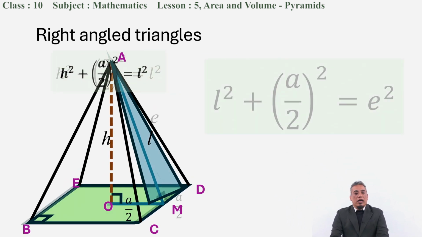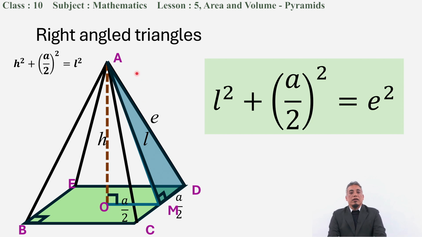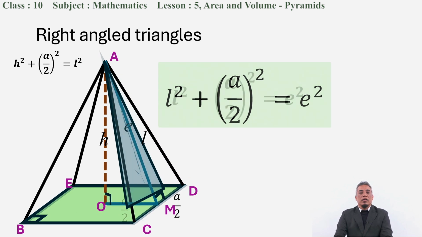Okay. And next is also right angle triangle there, AMD. So it has length of base MD as A by 2. This perpendicular AM is of length L, and AD as hypotenuse, because it is opposite to 90 degree. It is hypotenuse E. So Pythagorean relation is L square plus A by 2 whole square equals to E square.